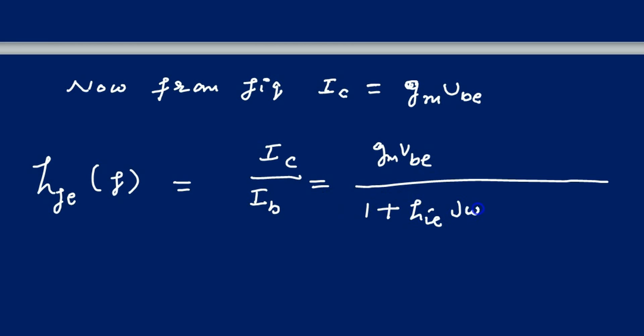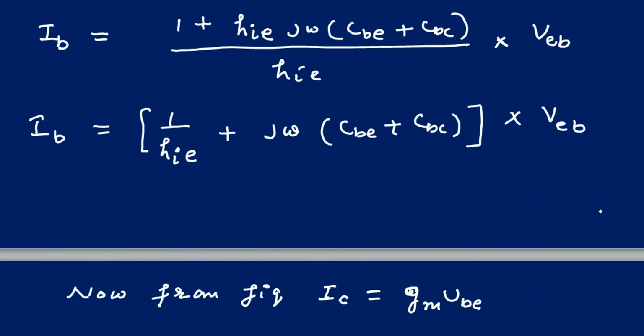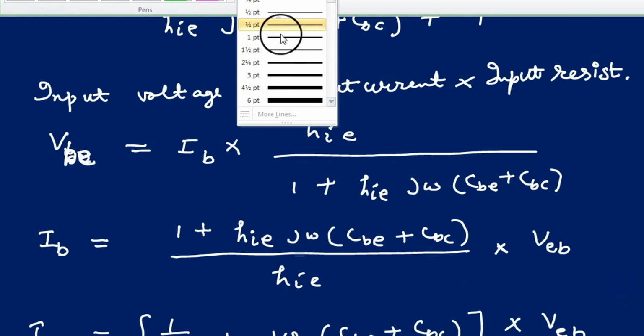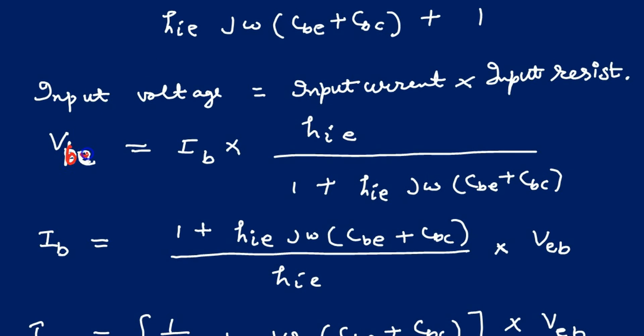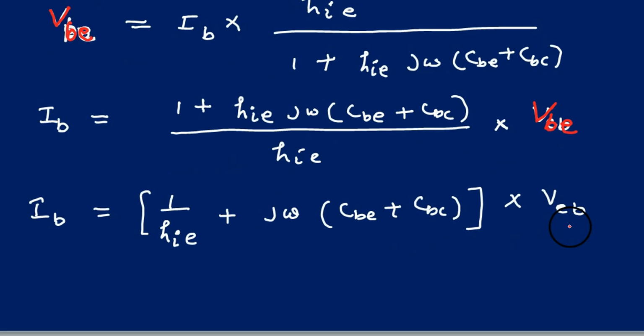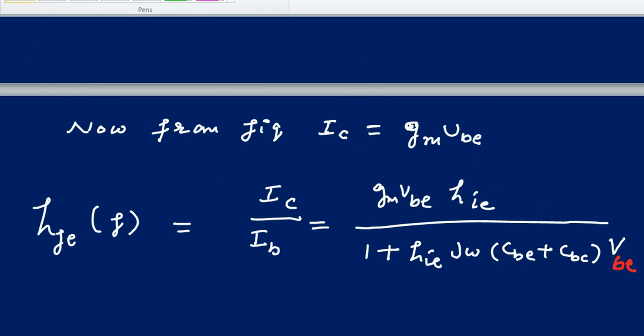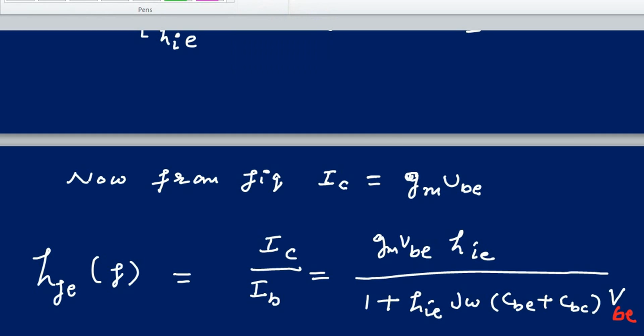Substituting the two values, so this is VBE actually, not VAB. So VBE cancels out from denominator and numerator.